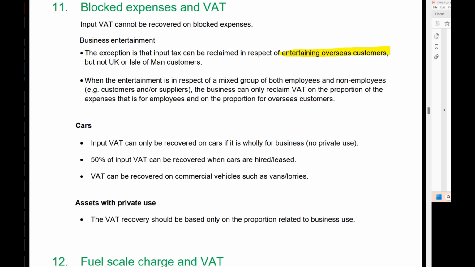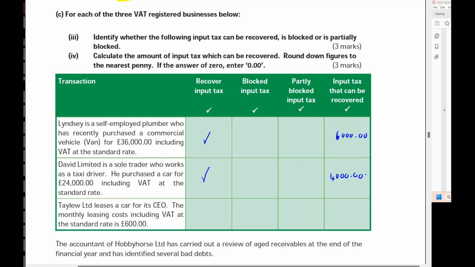So specifically relating to cars, it does tell us input VAT can only be recovered if it's wholly for business with no private use. We can claim on vans, lorries and taxis. And 50% of the input VAT can be recovered if we hire or lease a car. This is a lease car, so 50% of the VAT then.